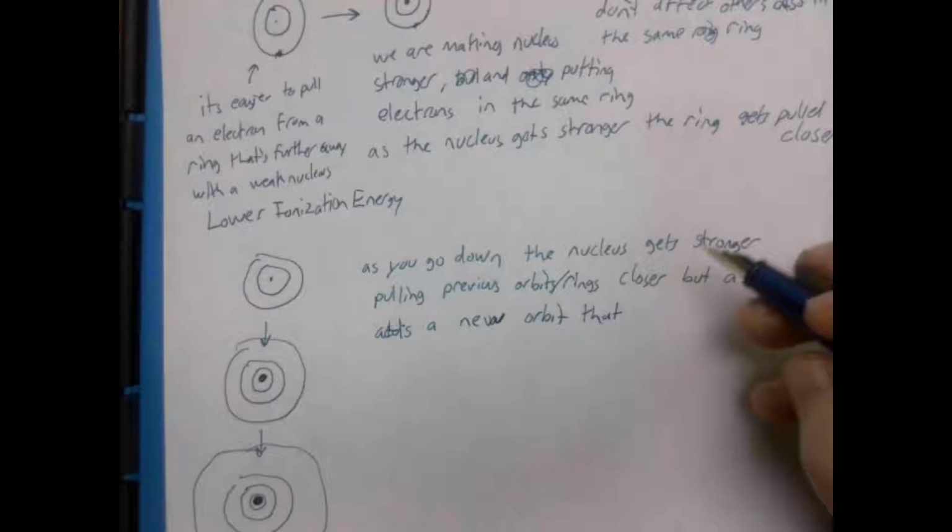So as you go down, atoms get bigger because you're adding a whole other orbit on top. Yes, the previous orbits shrink, but you're adding a brand new orbit. So the new orbits make the atom bigger.